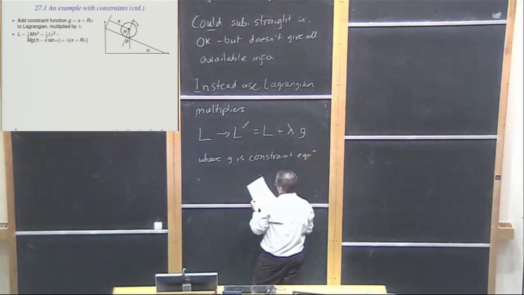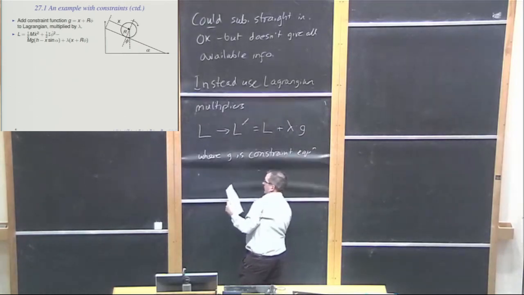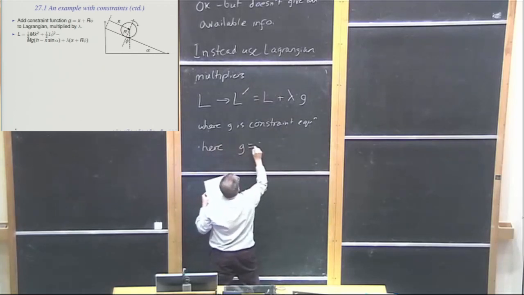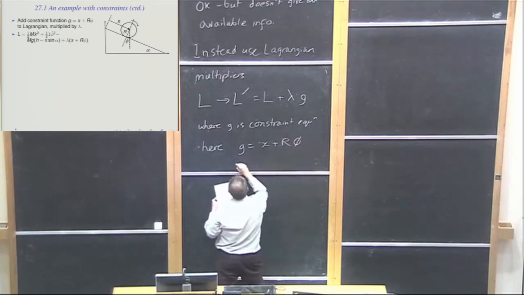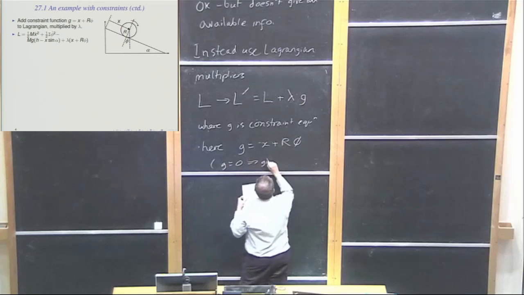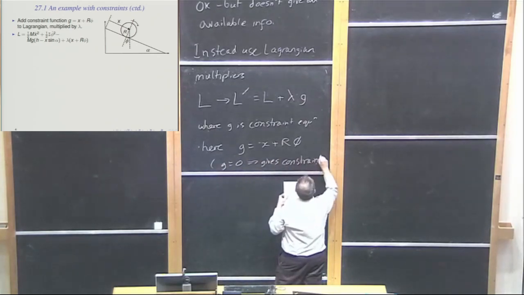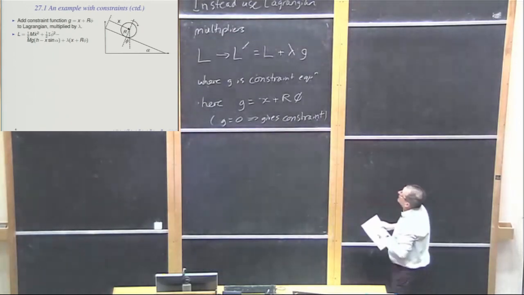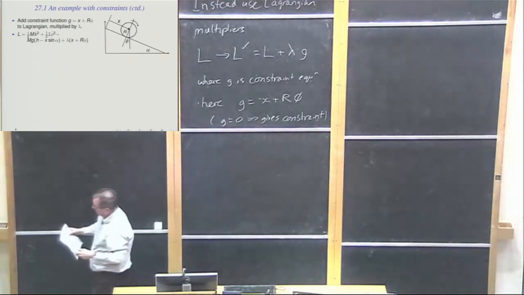So here, G is x plus r phi, okay, because G equals naught gives the constraint which we want to impose. Right, so this justifies the form of this equation now.